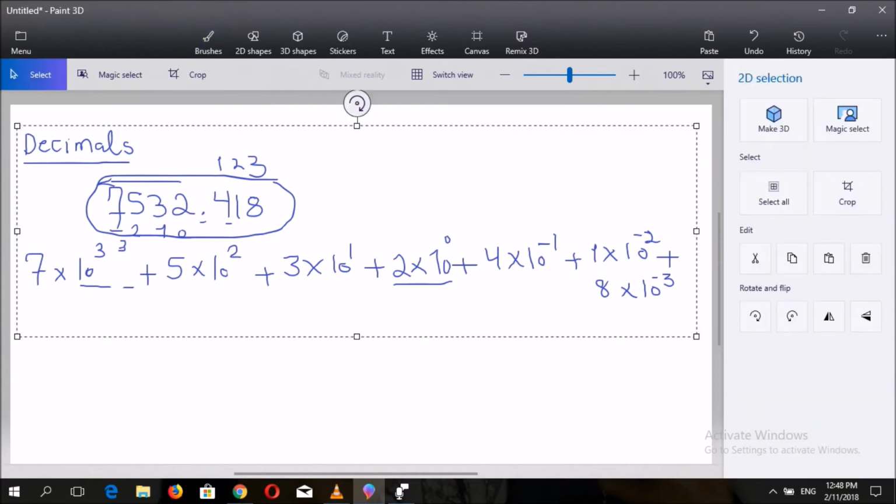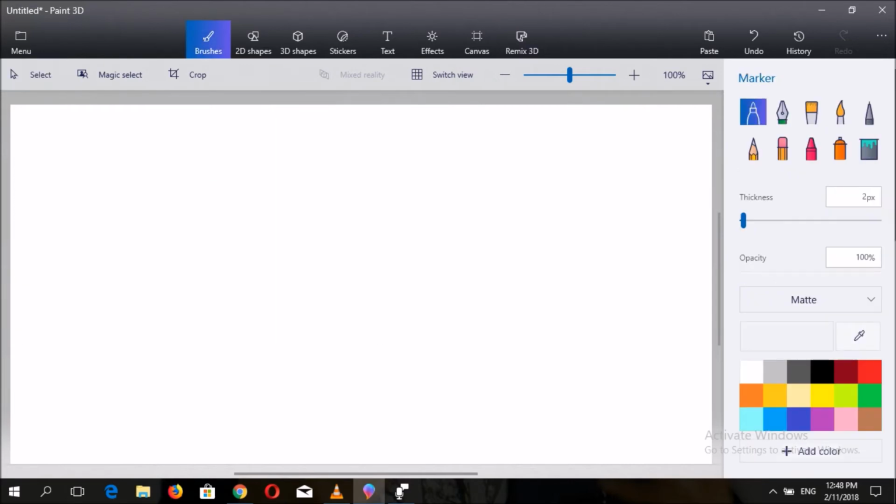So what you need to note here is that 2 is multiplied by 10 raised to the power 0. 3 is multiplied by 10 raised to the power 1, 5 by 10 to the power 2, and 7 by 10 to the power 3.